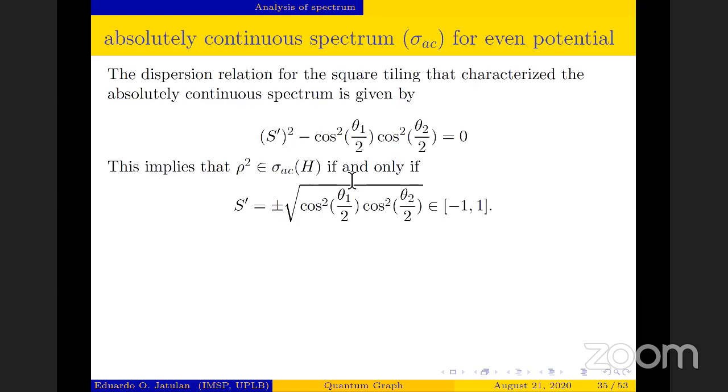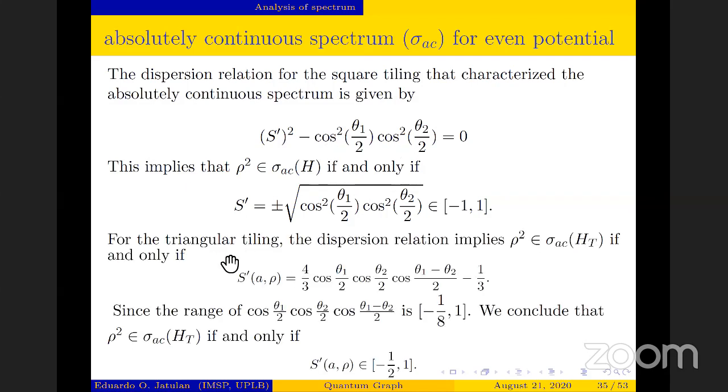And for the absolutely continuous spectrum for even potential, we have the dispersion relations. For example, we skip the square tiling. For the triangular tiling, the dispersion relation is this one. We know that rho squared is in the absolutely continuous spectrum if and only if it satisfies this given equation.